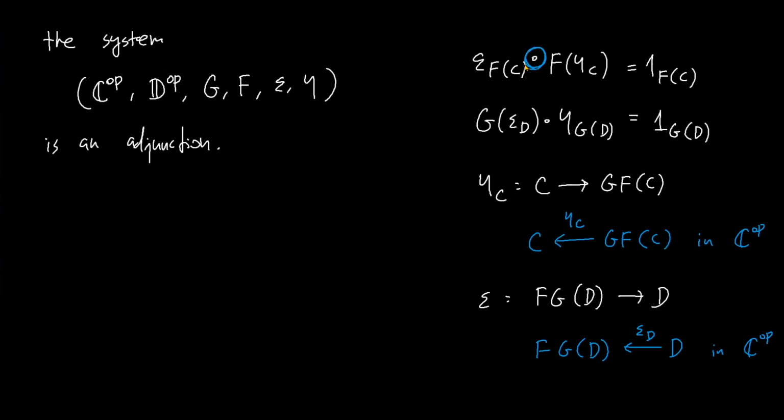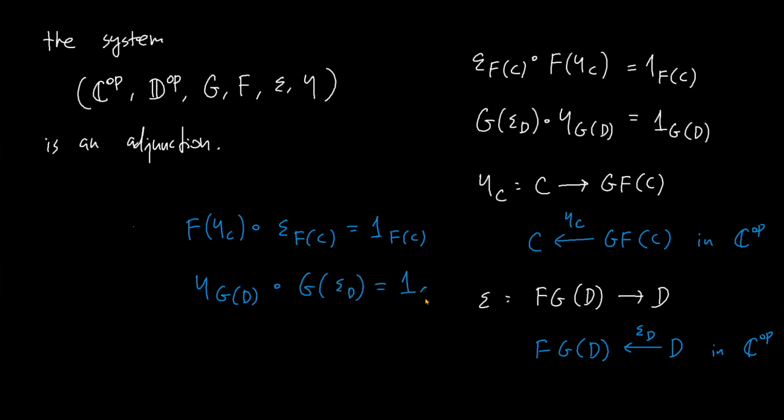And then, of course, also the order of composition should change, right? So the dual laws will be F eta C composed with epsilon FC equals identity FC, and eta GD composed with G of epsilon D equals identity of GD.